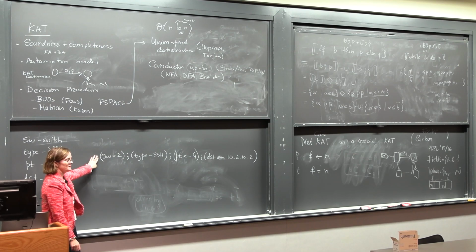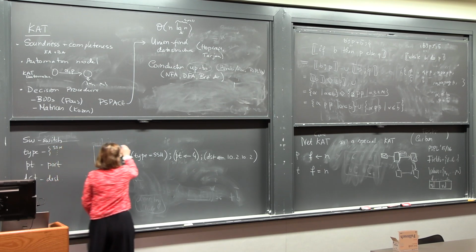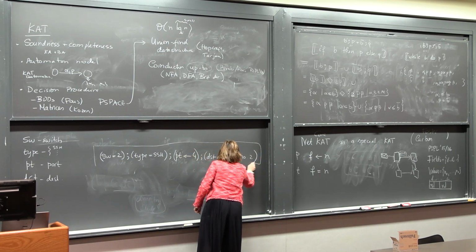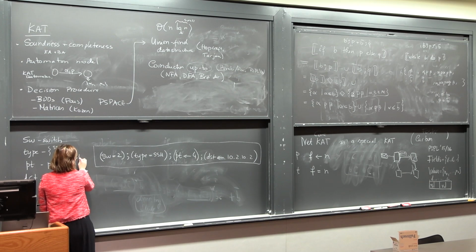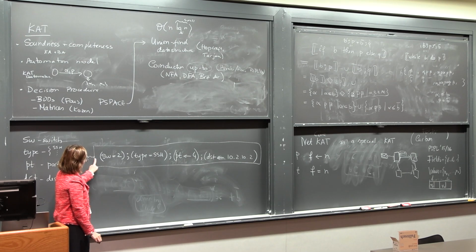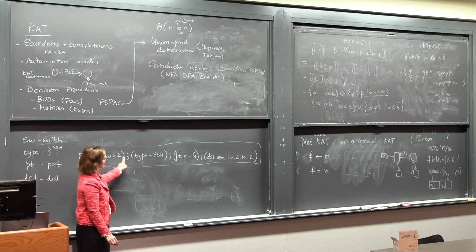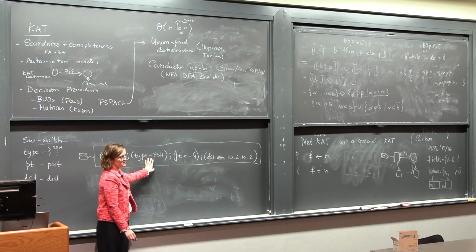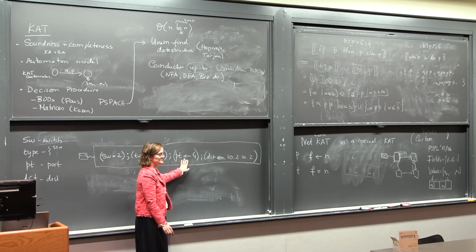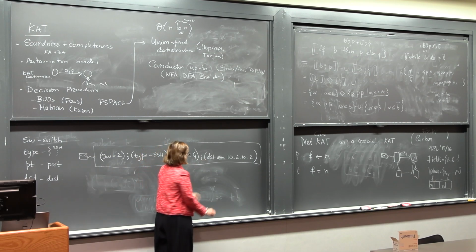This is your very first example of a NetKAT program. And the intended meaning is that this is like a packet filter. So think of this as a huge box. And it tells me for any packet that comes in, it filters the packets using this test. The only packets that get through have to be in switch 2 and be of type SSH. If they pass this test, then I get to set things in those two fields.